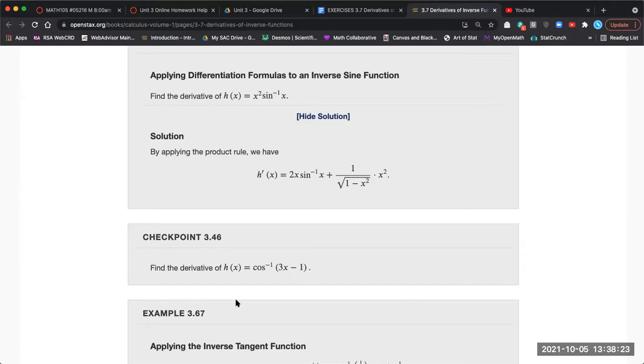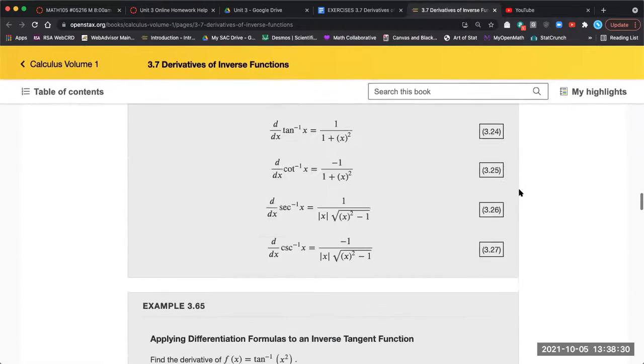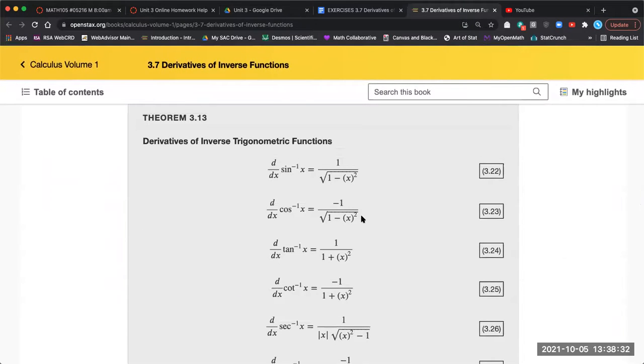So what we now know is, what is the derivative of inverse cosine? It's -1 over the square root of 1 minus x squared.